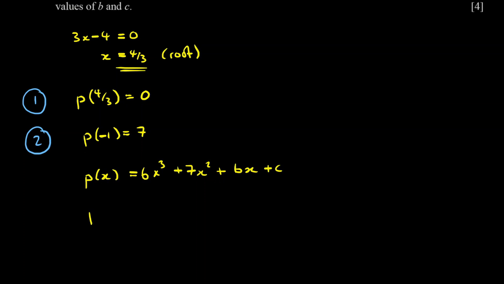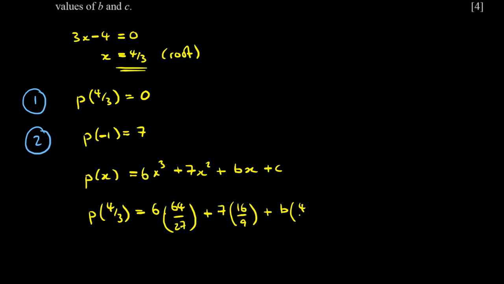Okay, so we're going to substitute in 4/3. That means here we're going to get 6 times 4/3 cubed. Well, that will be 64 upon 27. Plus 7 times 4/3 squared, that will be 16 upon 9. Plus b times 4/3 plus c.